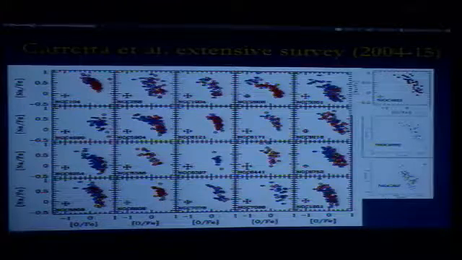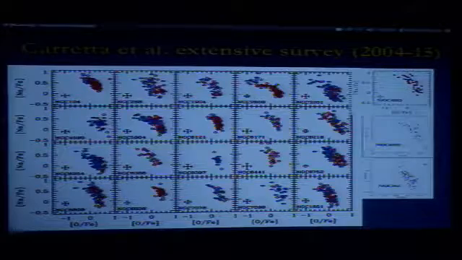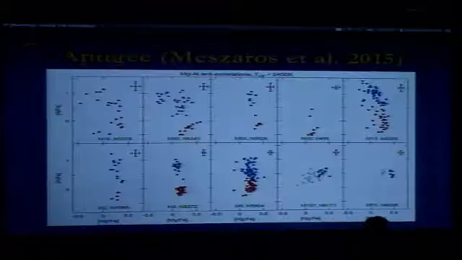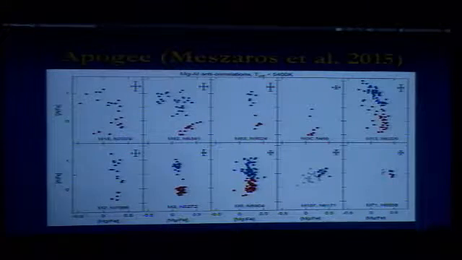And we observed about 20 clusters, and we found that the sodium-oxygen anticorrelation is present everywhere. In all the clusters that we examined, there is the sodium-oxygen anticorrelation. This is a basic result that has been confirmed by many others.